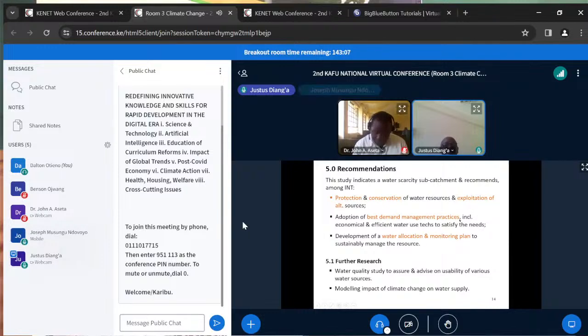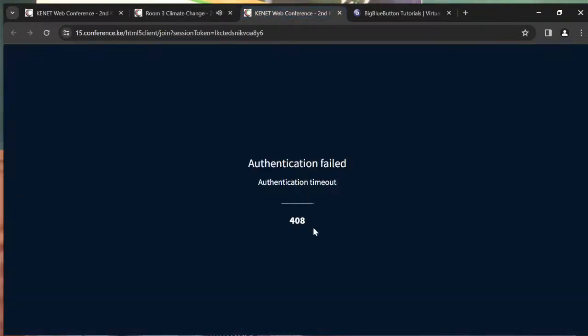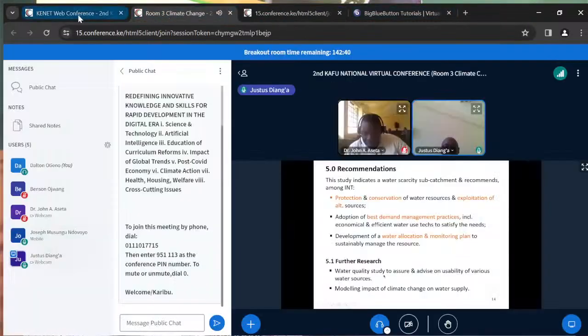Adoption of best demand management practices, including economical and efficient technologies, and also the development of water allocation and monitoring plans to manage the resource. For further research, on the things that they could not achieve through the study, we saw that there was a need for a water quality study to be done in the area, because water quality will advise on the stability of various water sources in the subcatchment, and also modeling the impact of climate change on water supply.